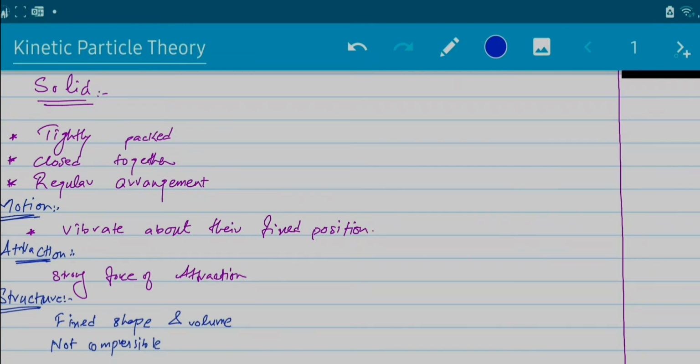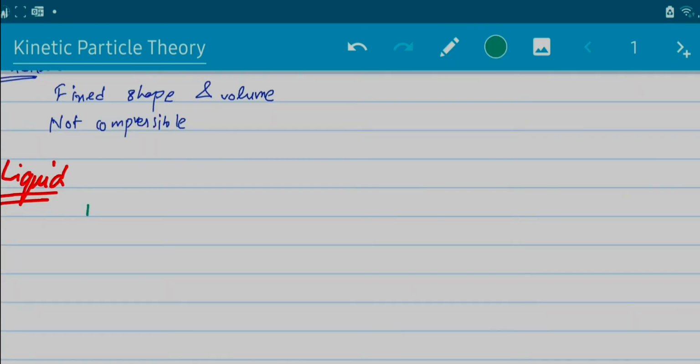Moving on, the liquid has some properties too. The first one is that they are loosely packed, as they have space around them. Loosely packed, or you can also say that they are relatively close together when you compare them with the gas particles.